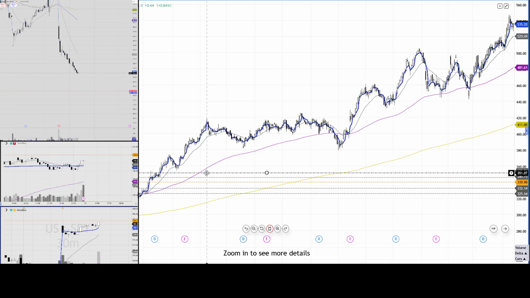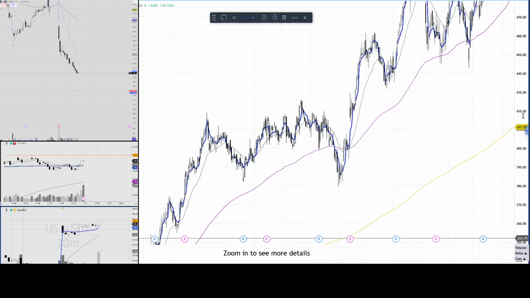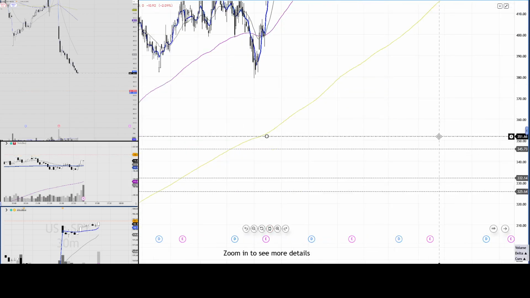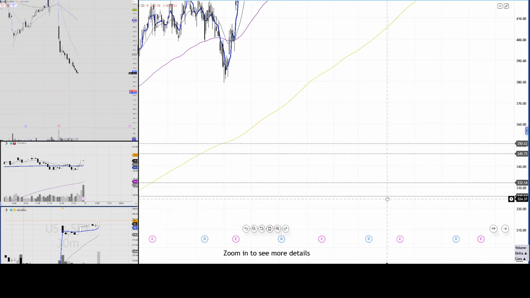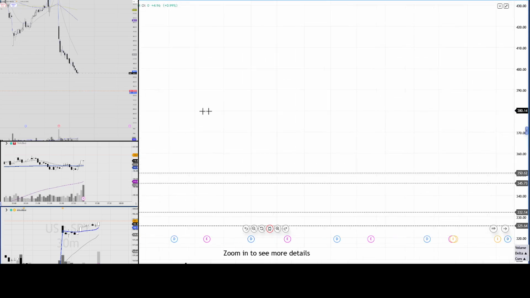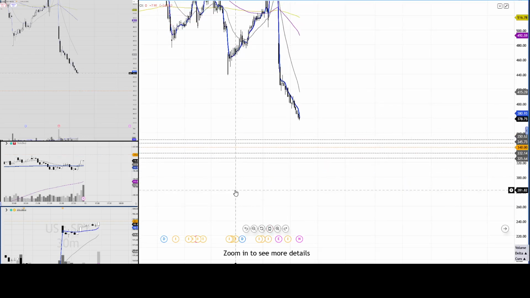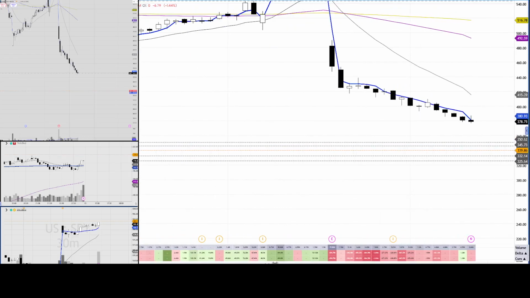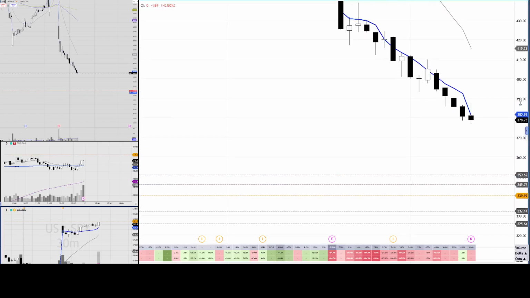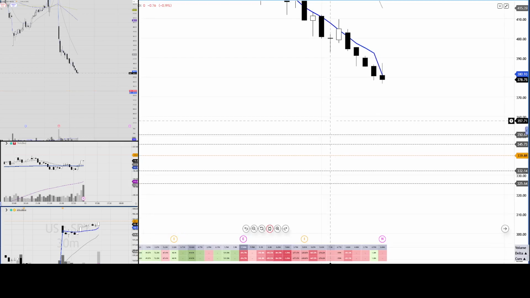Let's draw our rectangle. 350.56. There should be a control Z feature on GoCharting. Let's get the rectangles in.